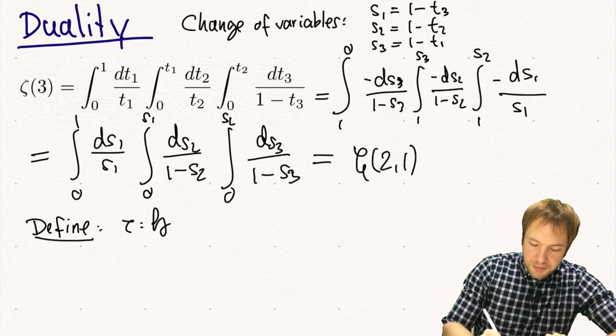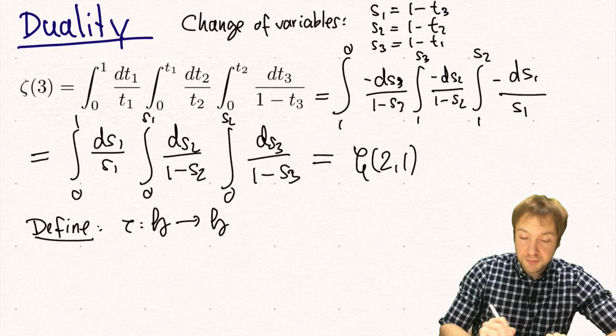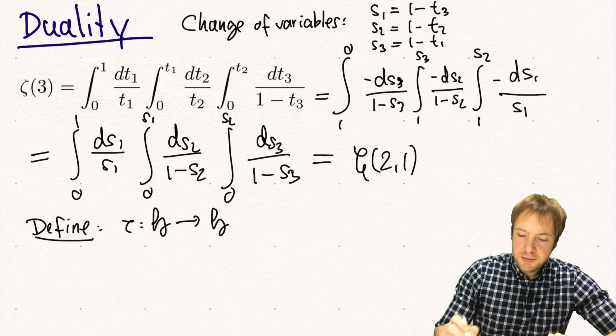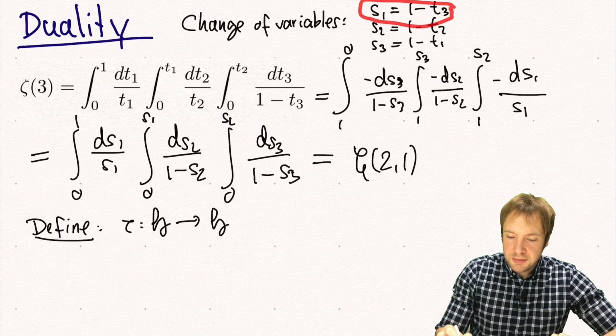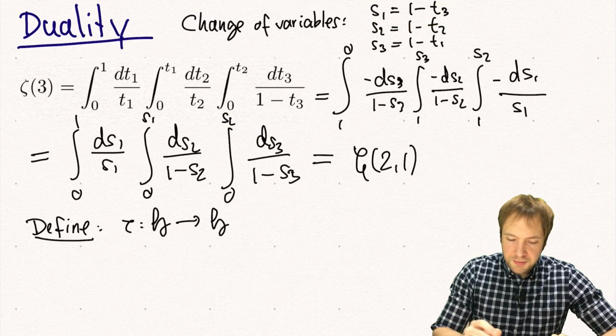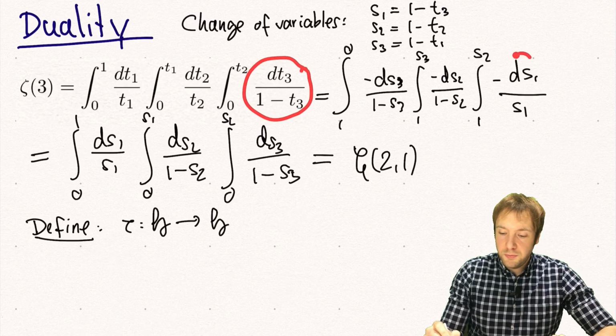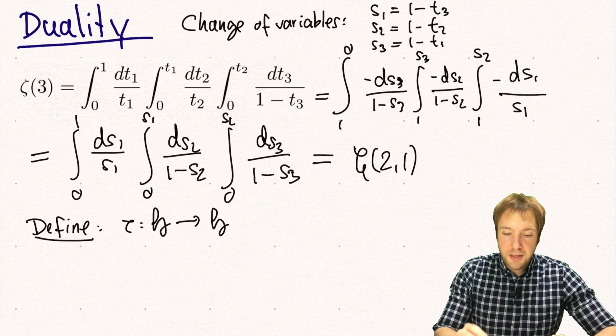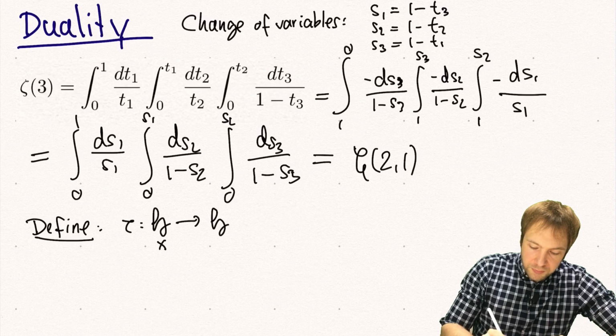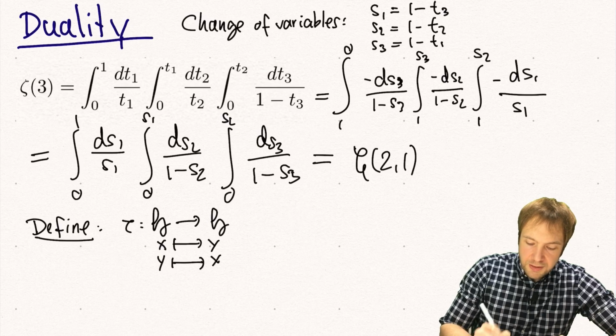So it's a map which we can define on the space H, and making this change of variables here, we see that the differential form here, which corresponds to y, goes to a differential form which corresponds to x. So on the level of words, we just interchange these two letters. So x goes to y and y goes to x.